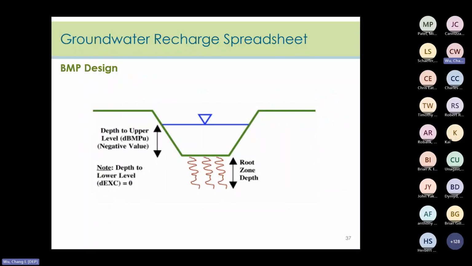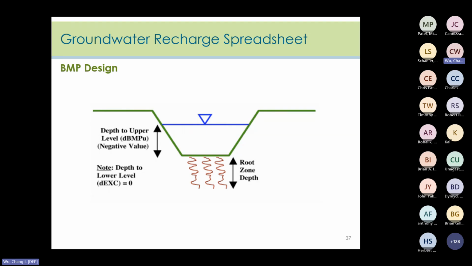For the first example, the BMP has a vegetated bottom, which represents a BMP like a bioretention basin or a sand filter with a vegetated bottom surface.